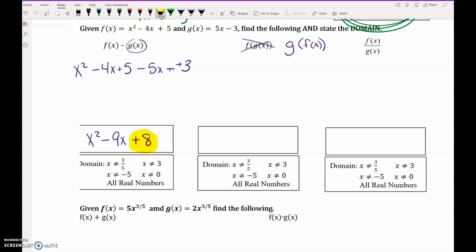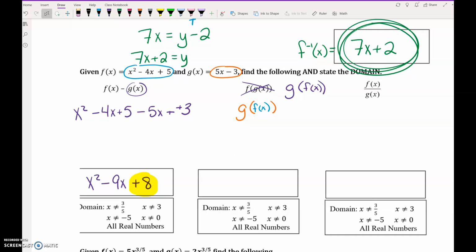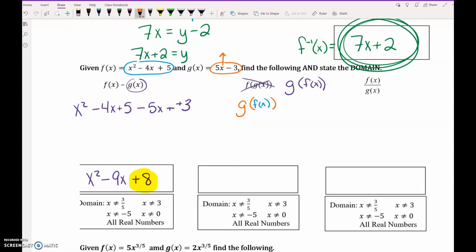On the practice test, it's asking you to do f of g of x, but I am going to really strongly suggest that you actually do g of f of x because maybe that is more similar to how it's going to look on the test. So if we do g of f of x, we're going to do g of, and I think these colors really help, f of x. When you do g of f of x, you are taking the x out of the g function.